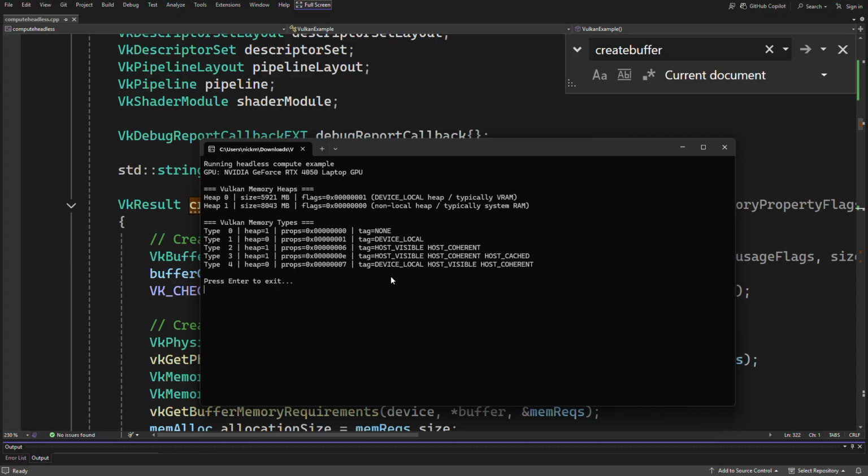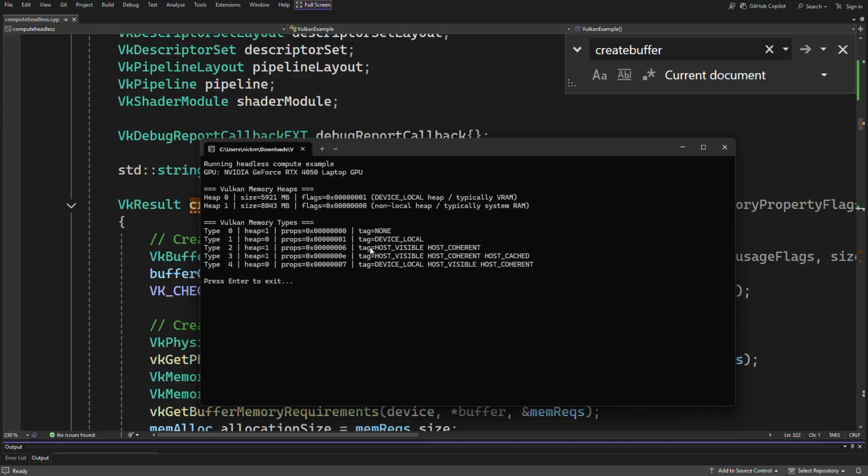But we'll get into that in a little bit. What I'm trying to tell you is that these are just types of access. These are just labels.